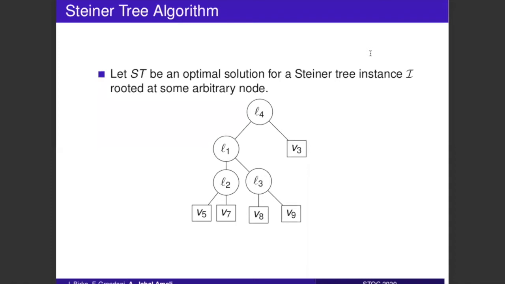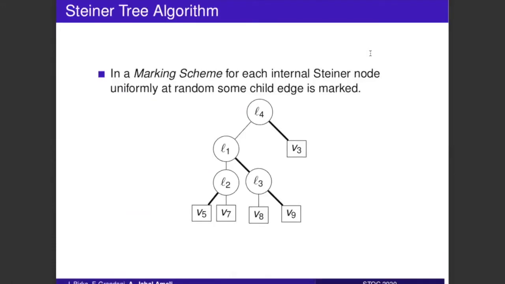We recap some parts from the analysis of the Byrka et al. paper. This starts with an optimal solution ST for the Steiner Tree instance I, rooted at some arbitrary node. Then they introduce a marking scheme in which for each internal Steiner node, they uniformly at random mark some child edge. So for example, here you can see that for L1, they mark the edge L1, L3.